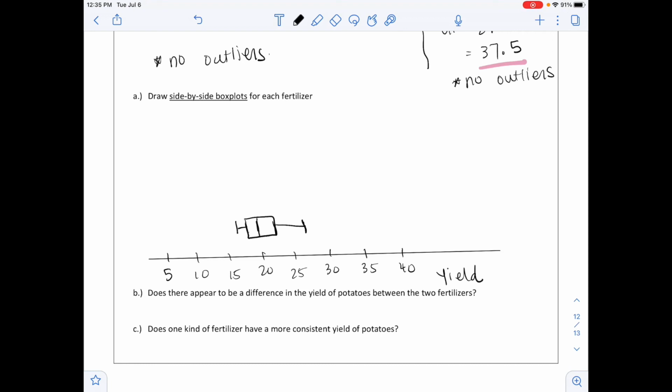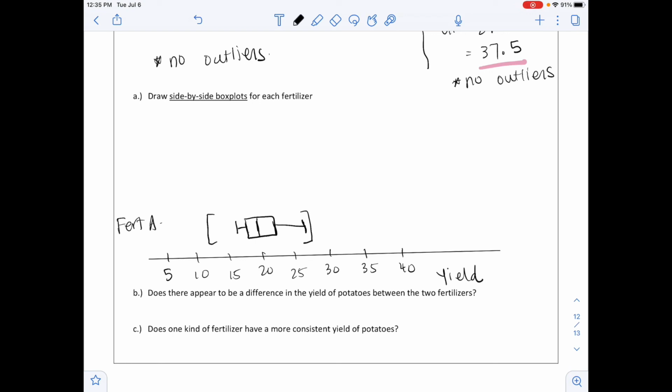The last thing we need to add in is our lower fence and our upper fence. The lower fence was at 12. The upper fence was at 28, which is right by that last one. Now we need a way to show that this is fertilizer A, because fertilizer A could be done first or second. So we label that by putting fertilizer A on the sides.